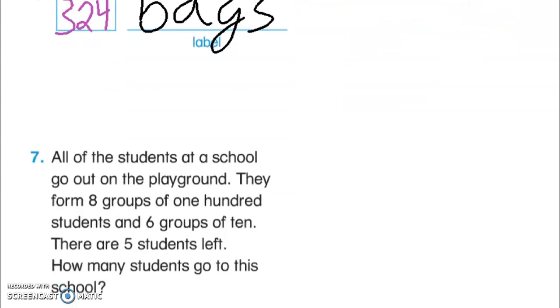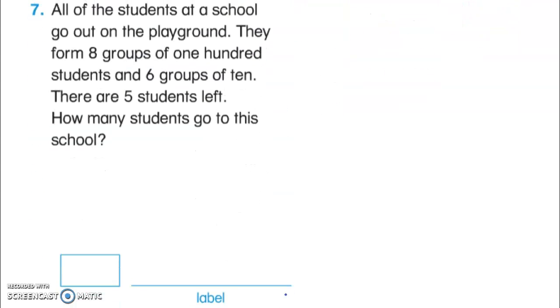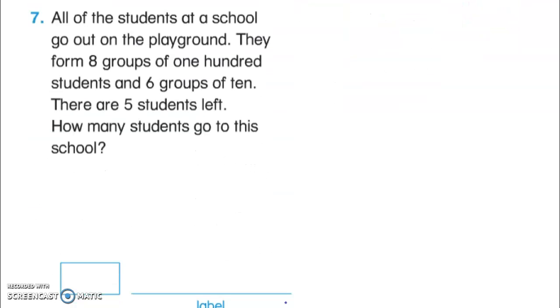Next problem that you might see. This one is the same idea, but it's just worded a little bit different. All of the students at a school go out on the playground. So we have all the students out on the playground. Woohoo! They form 8 groups of 100. I'm going to underline that to remember.